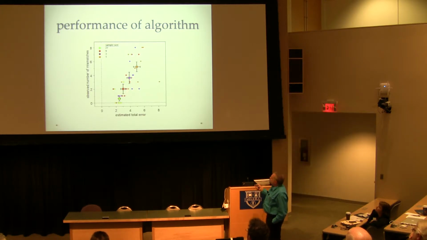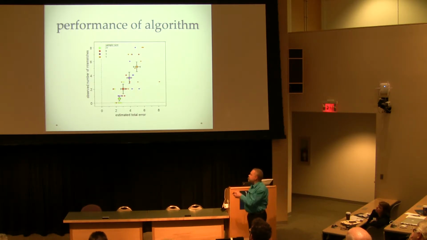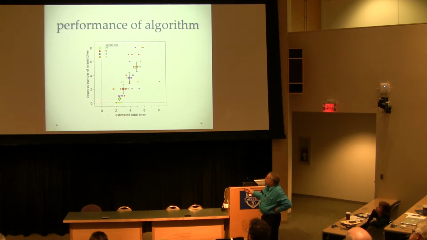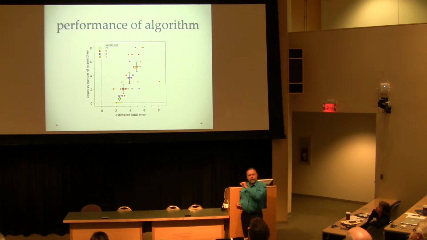And this is the scatter plot. This is the total error, the sum of the error over all positions estimated for each case. And this is the observed number of mismatches between each individual ancestor and the ancestor inferred from the full data set.